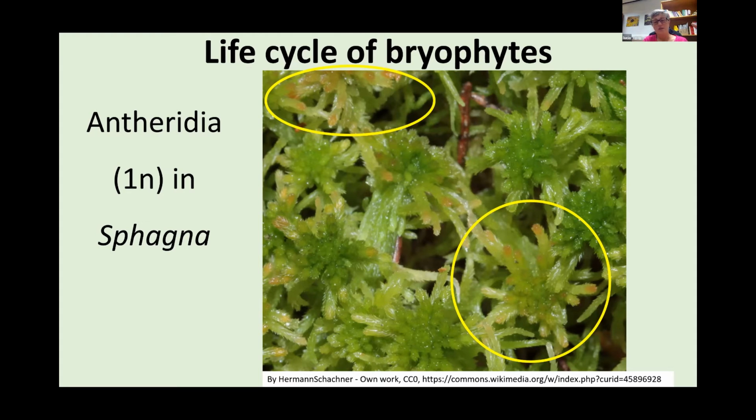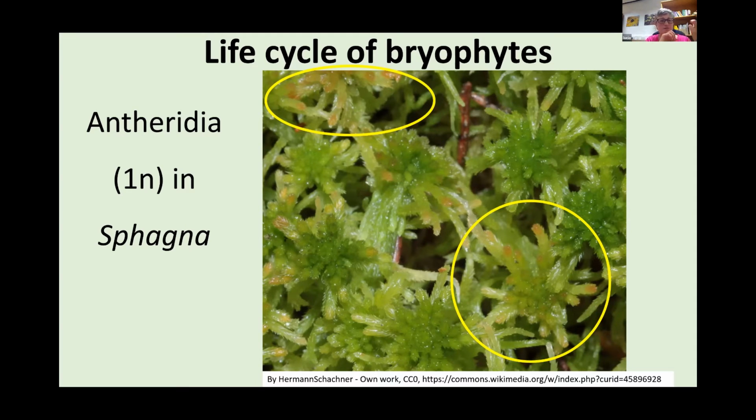In this case, this is Sphagnum fallax, and it's got very orangey tips to the branches in the capitulum, which are highlighted, and basically the orangey colored leaves inside the leaf axil have the antheridia.